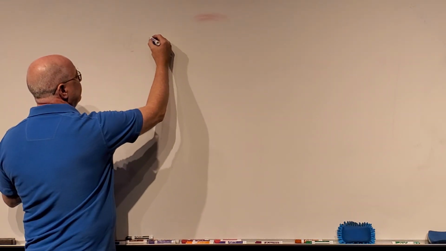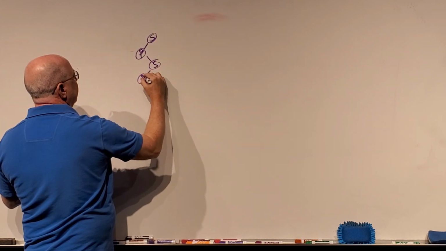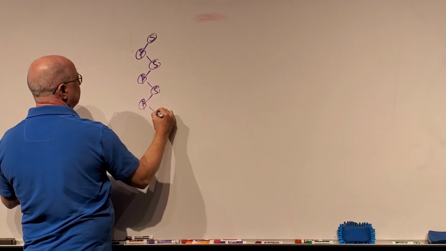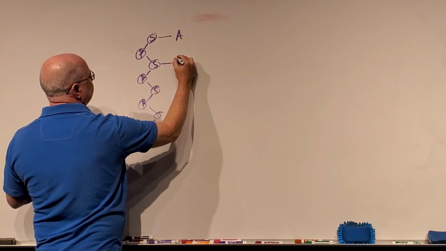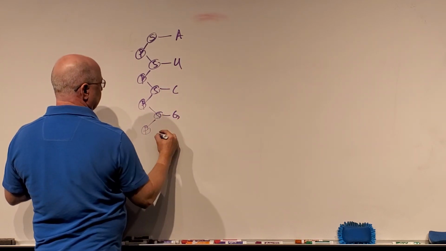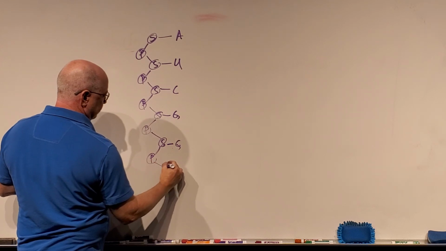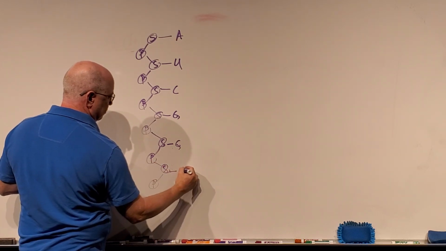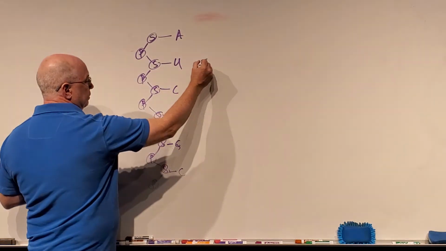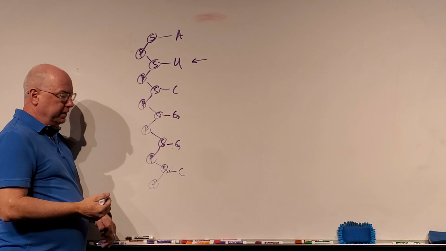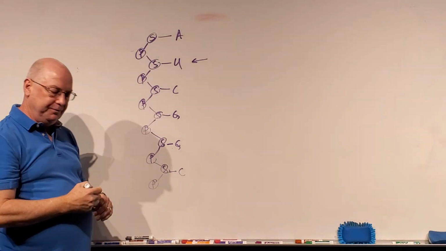And so if I were to give you a series of bases here, the sugar and phosphate backbone like this, and all I have to do is on each sugar stick a base here. You could know right away that this is an RNA molecule because you see uracil. Therefore, this sugar must be ribose. The phosphate never changes, okay?